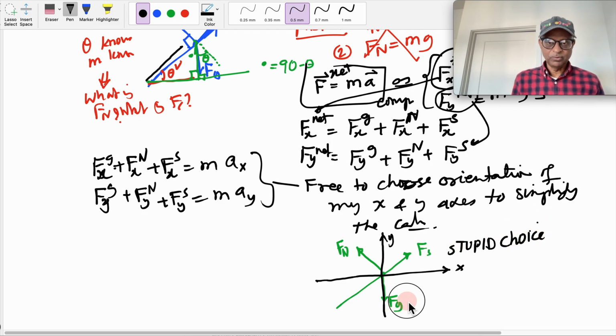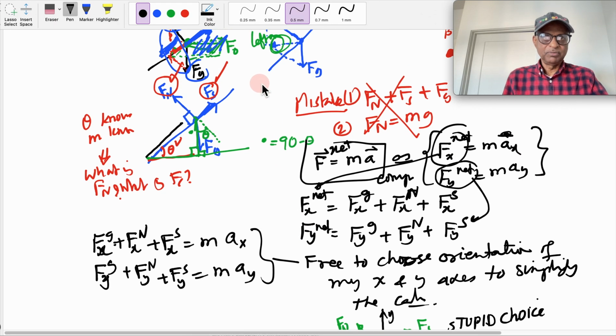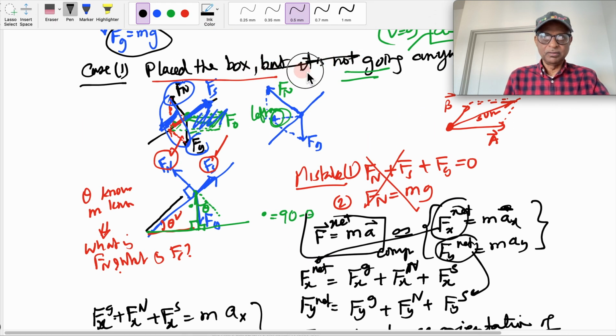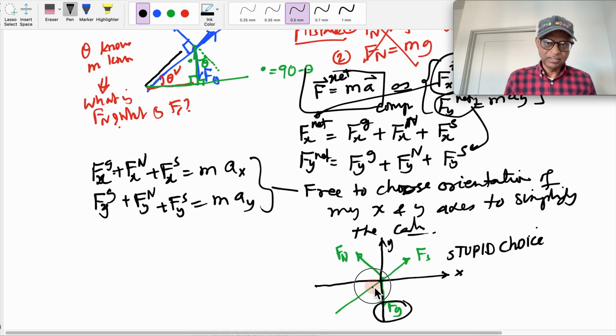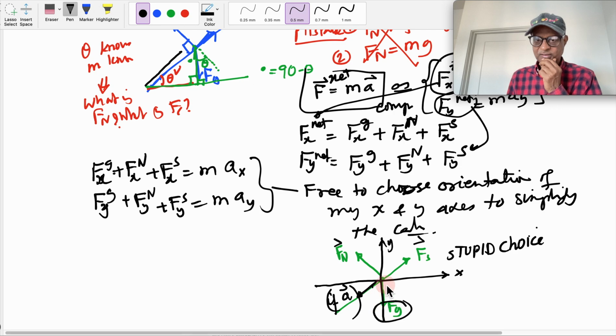Well, look at this. Only this guy is along the axis. If there was acceleration, say accelerating down, it will be along the incline.